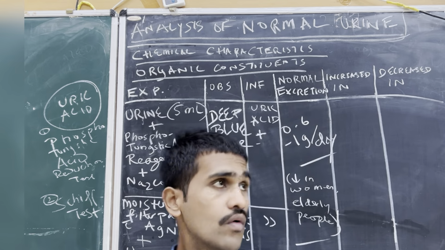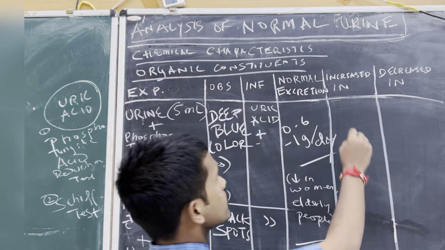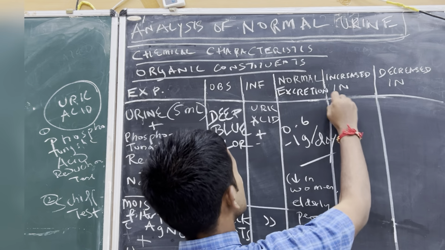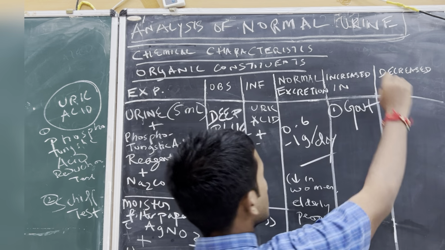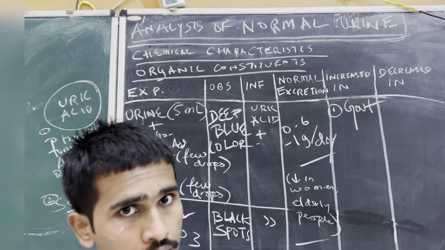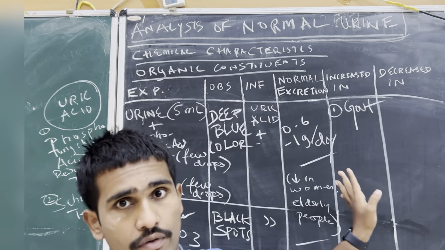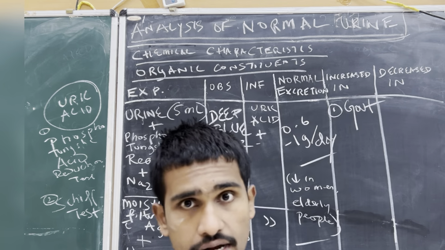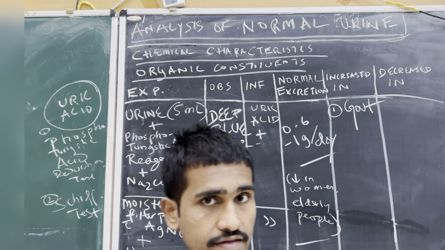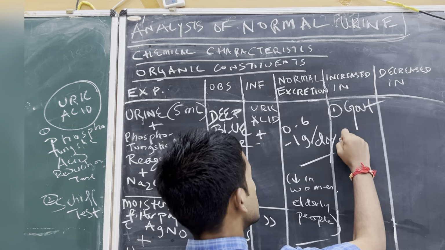Now, which conditions increased, which conditions decreased? Increased in gout, very important, because gout is related to the purine metabolism, and uric acid is the breakdown product of purine metabolism. This is a very commonly asked question also. 1.